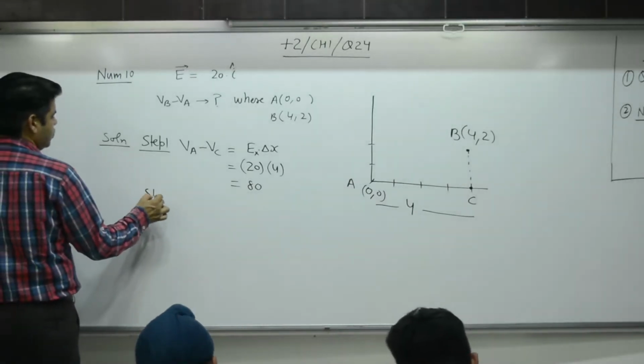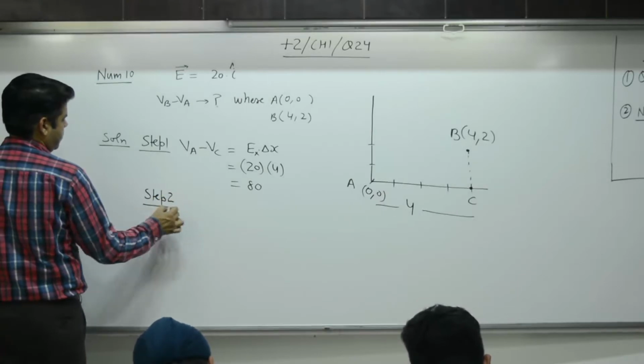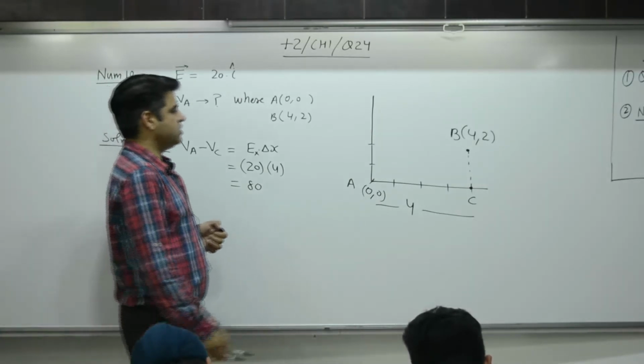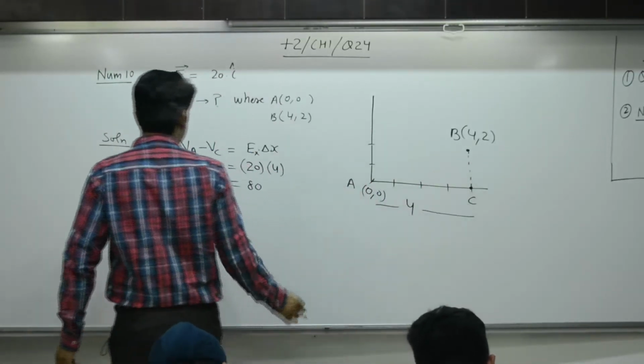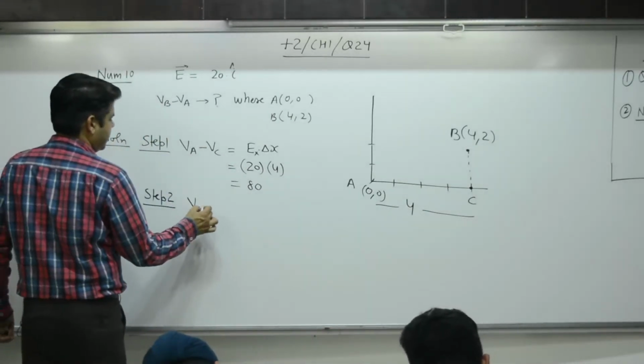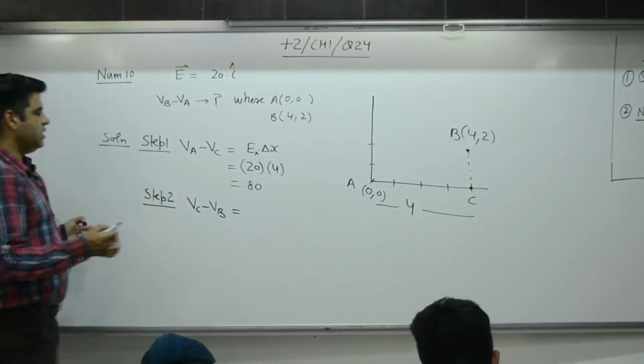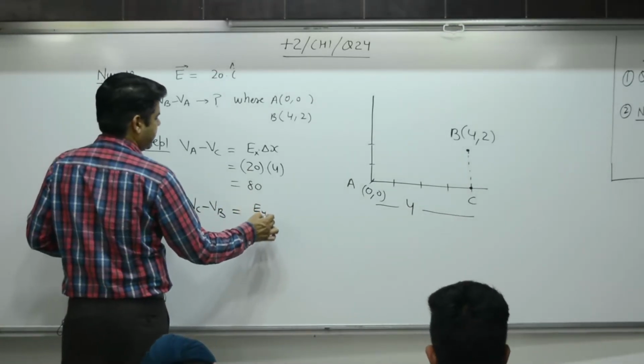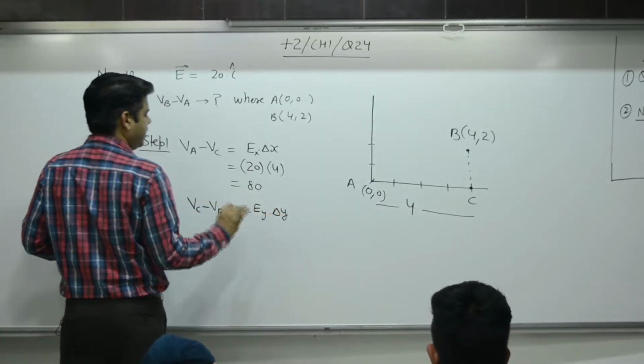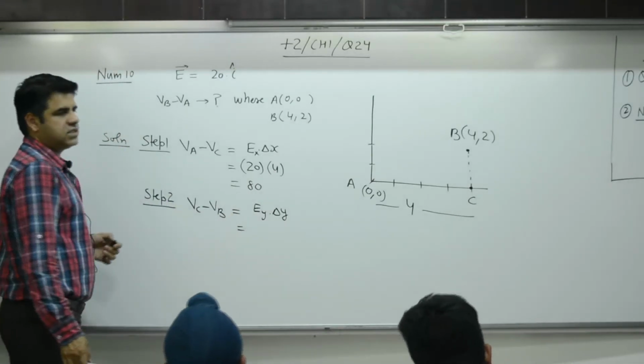Step 2. Find potential difference between C and B. Vc minus Vb is equal to Ey magnitude into delta y, only magnitude.